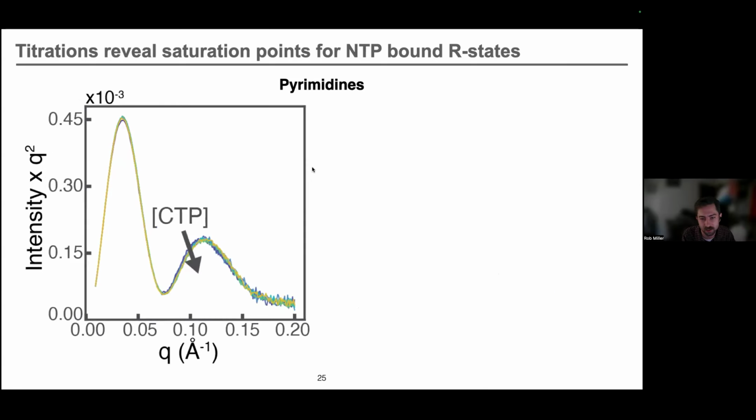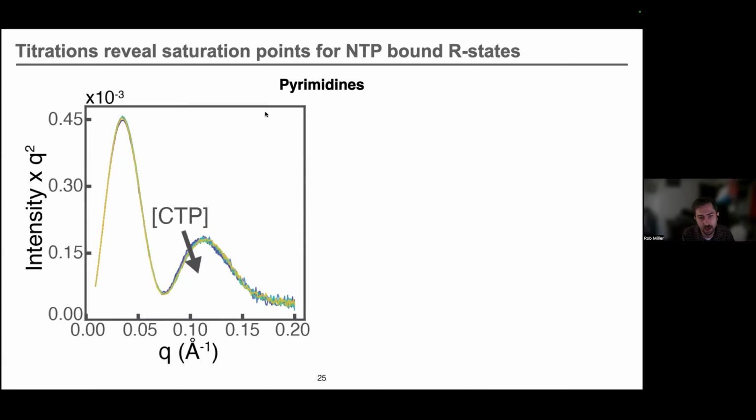In contrast, in the case of the pyrimidines, beginning first with CTP and then CTP and UTP, we saw the opposite effect: they shifted the second maxima of the Kratky to a higher value of Q, indicating that the overall ensemble in solution was becoming more compact.